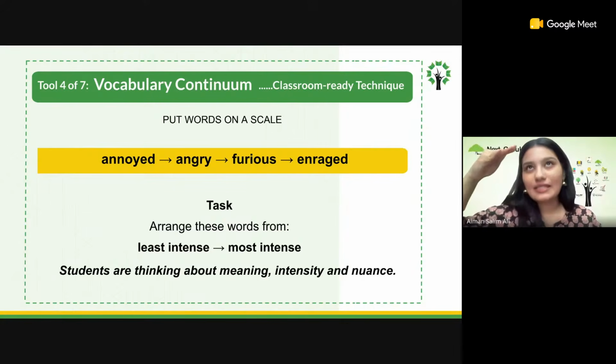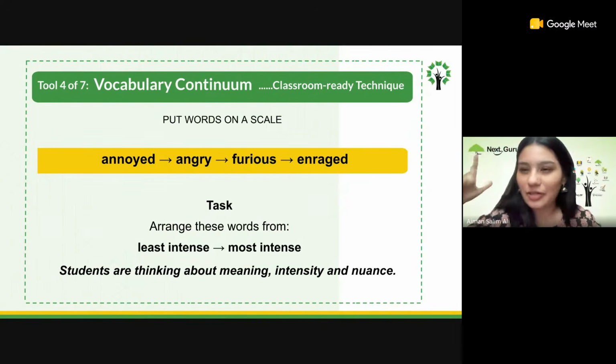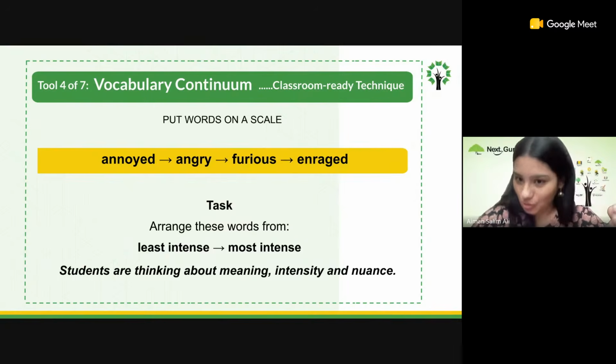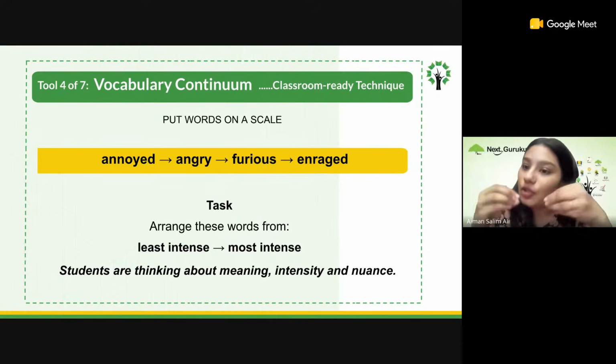And let's say ecstatic can be like really, really elated, can be something very, very happy. So I had a very elated teacher, or you know things like that. So this is something that we need to build in our students. So the next time that you are doing synonyms, use this practice, right?